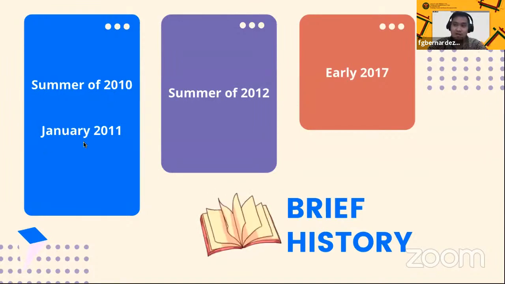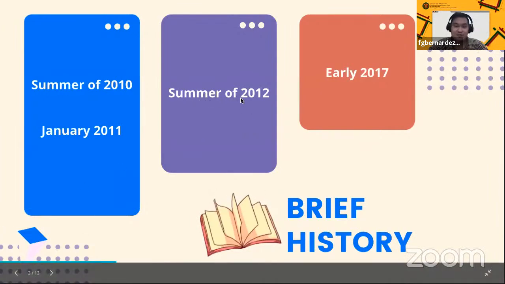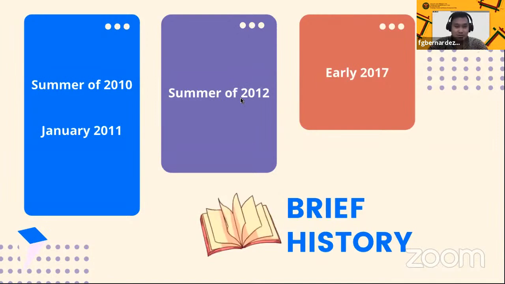In January of 2011, a prototype that hopes to solve some high-level planning issue is pitched and approved. At that time, Trello was called Trellis. Trellis, if I will spell it, it's T-R-E-L-L-I-S.